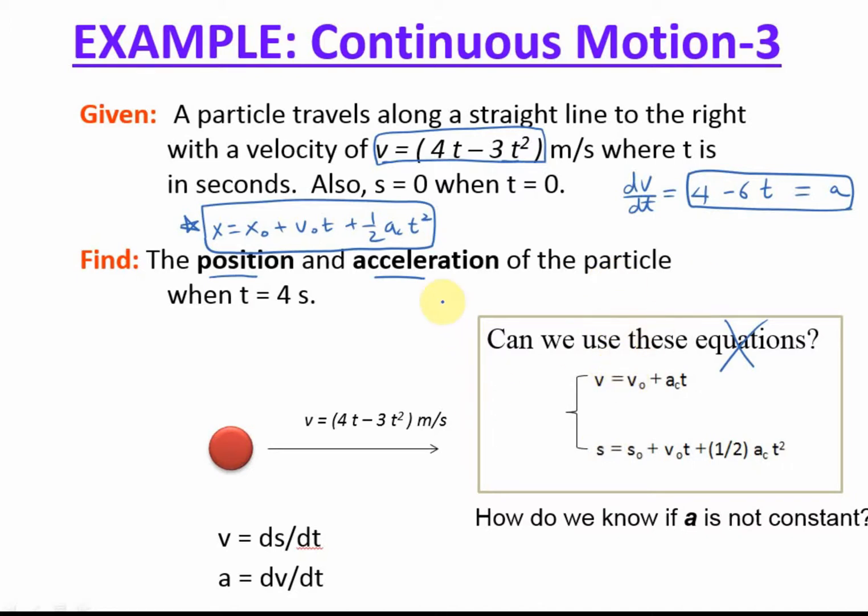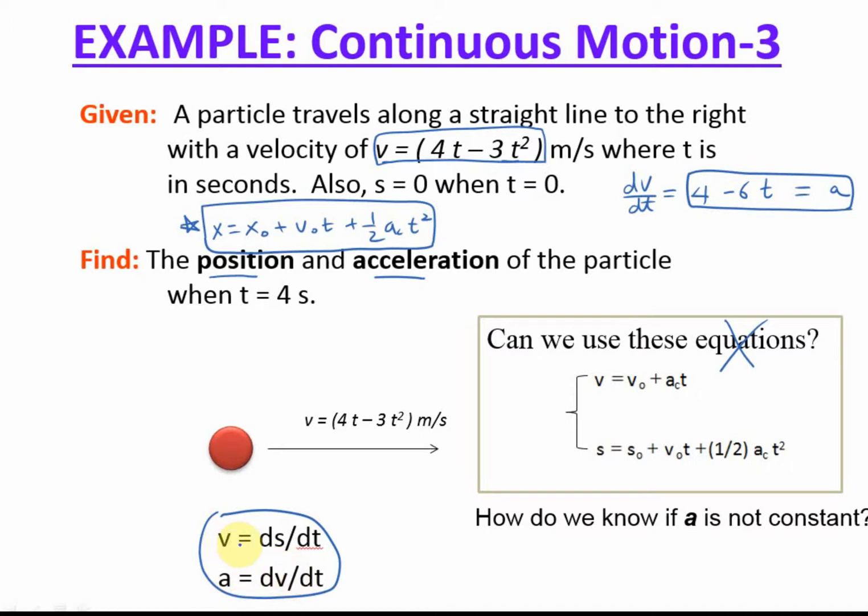Then how do we solve this one? We just rely on these two fundamental equations. Your velocity is the derivative of your position, and your acceleration is the derivative of your velocity.